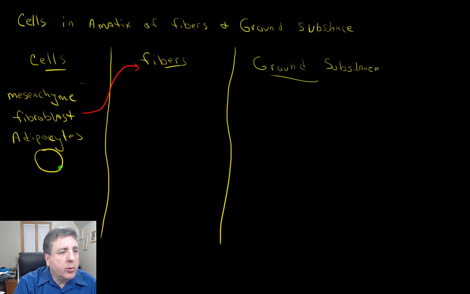And if you get the section correctly, you can see a small nucleus being pushed off to the side and maybe a little bit of cytoplasm next to that. So all the rest of the space in here is going to be a fat droplet. It's triglycerides, but it's a fat droplet.